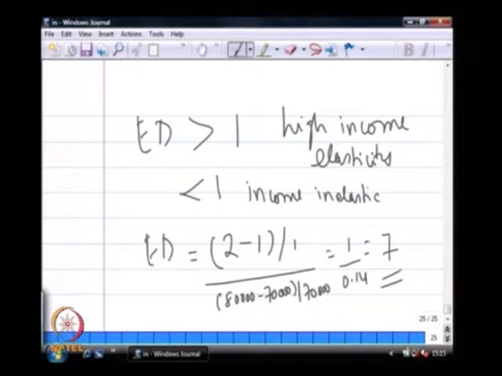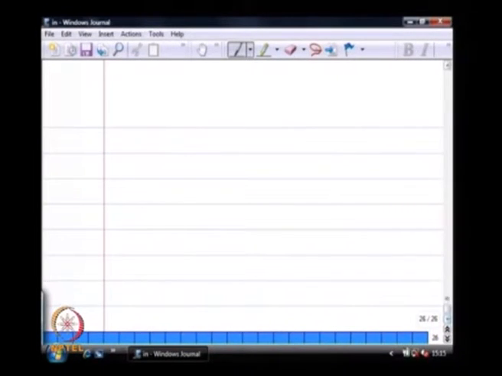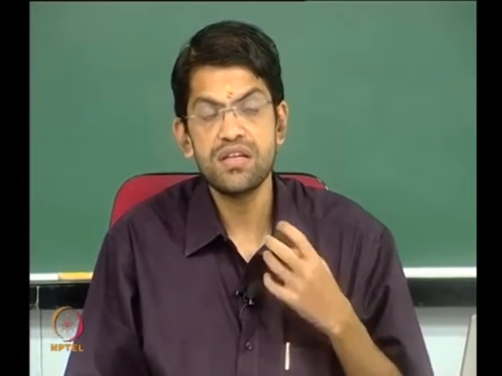So, in this case the income elasticity is greater than 1 and is very highly income elastic. Now, there is also another question: are there chances where despite an increase in income, demand will decrease?